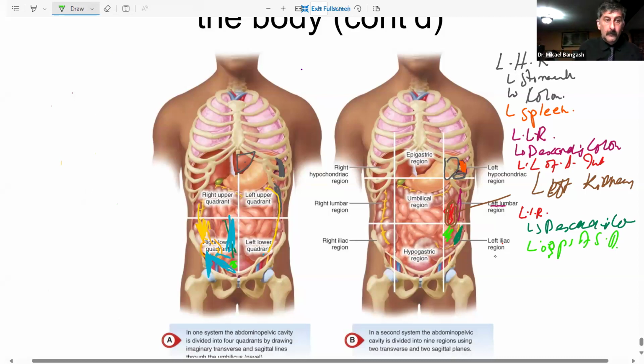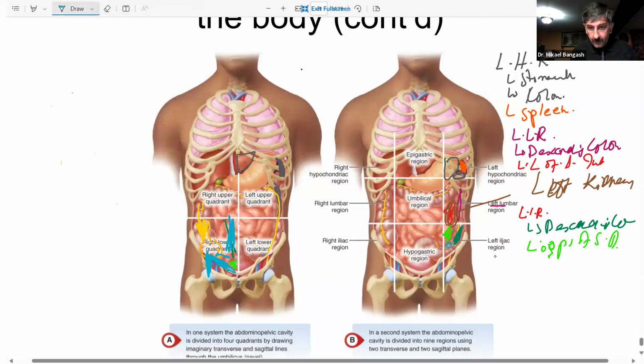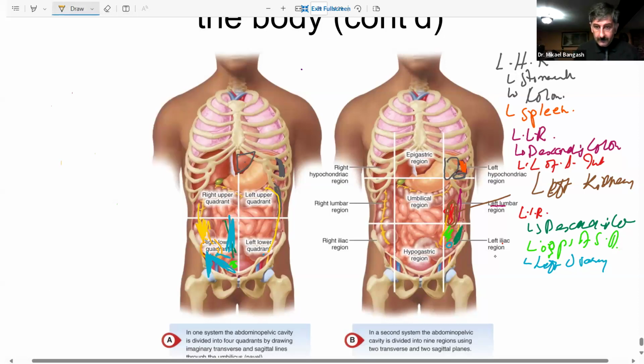In females, you will even find the left ovary. And in both sexes, you'll find part of the left ureter.